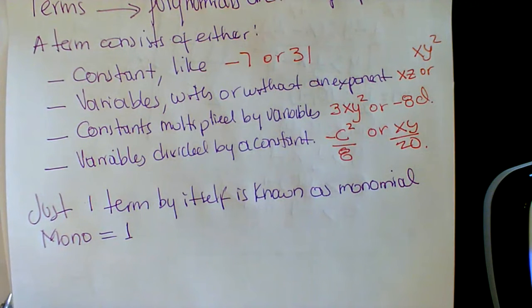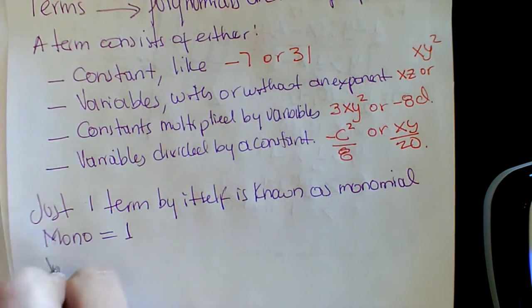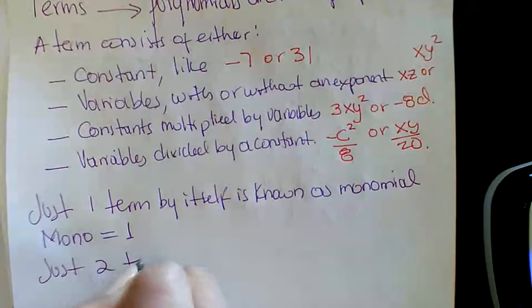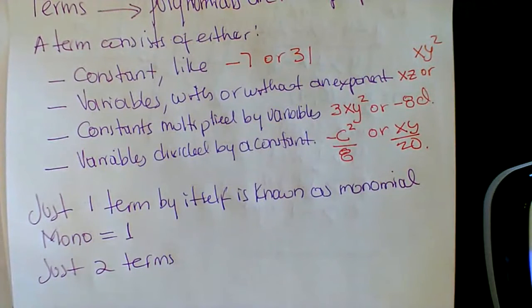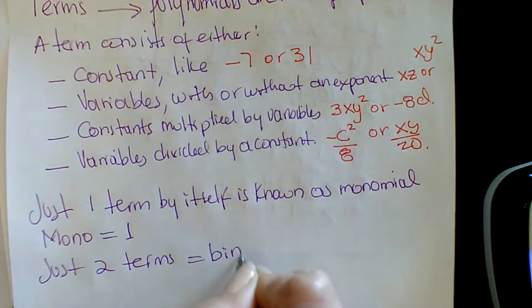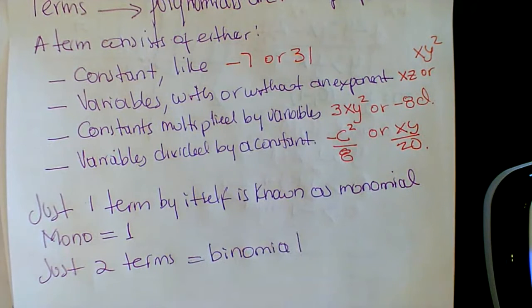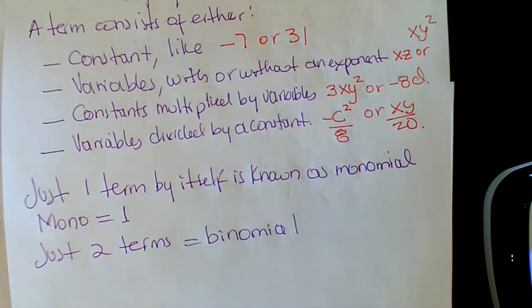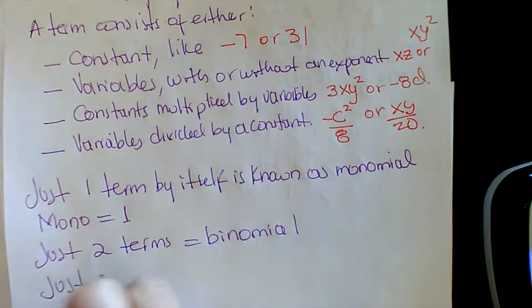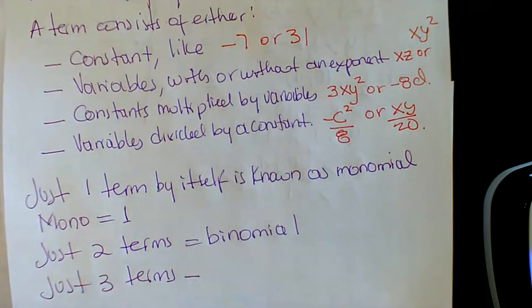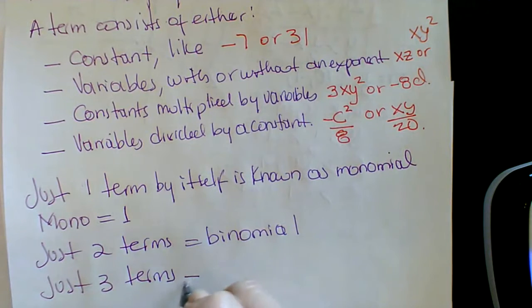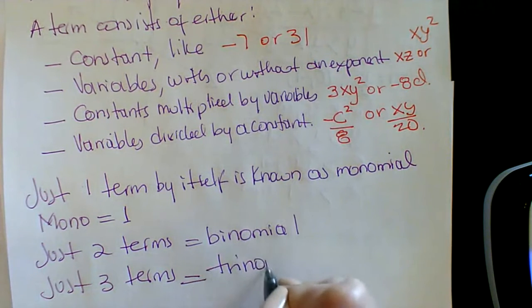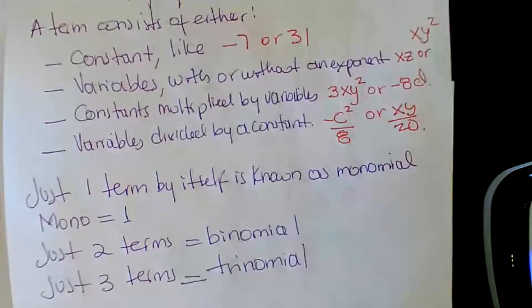When we have two terms, it's called what? Binomial. We have bicycle, two wheels. And then when we have just three terms, trinomial, like the tricycle or the tripod.